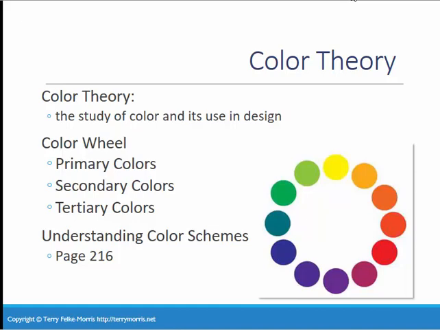So you want to understand color, and also understand how you put colors together, so you can make a nice color scheme. When you're designing your color scheme, you want to make sure you use the color wheel, and think about the different types of colors: the primary colors, secondary colors, and tertiary colors.